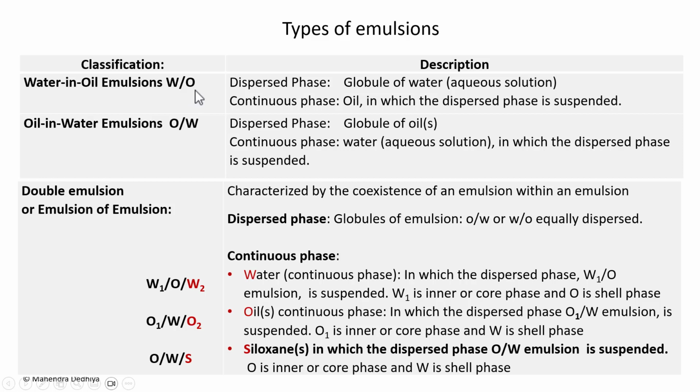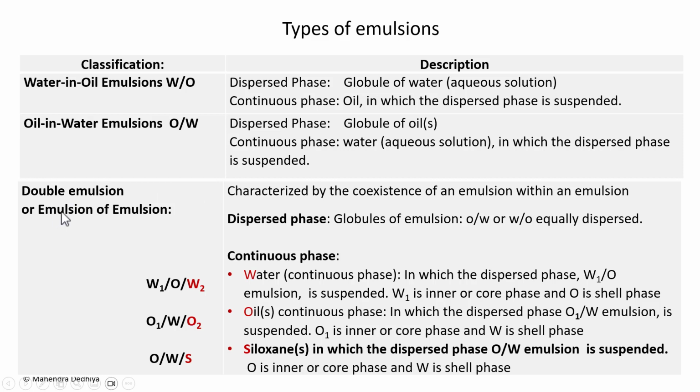Dispersed phase in WO, water and oil, is globule of water, and continuous phase is oil. Water and oil, dispersed phase is a globule of oils. Continuous phase is water, aqueous solution, in which the dispersed phase of oil globules are suspended.